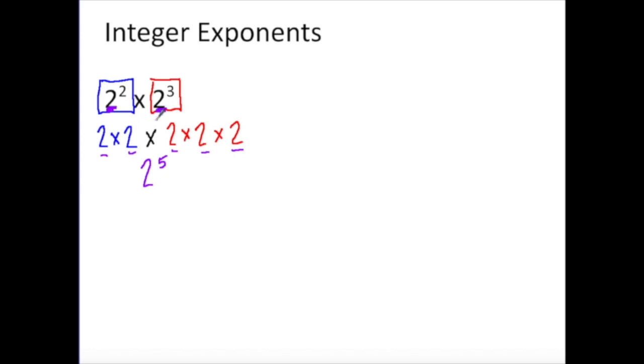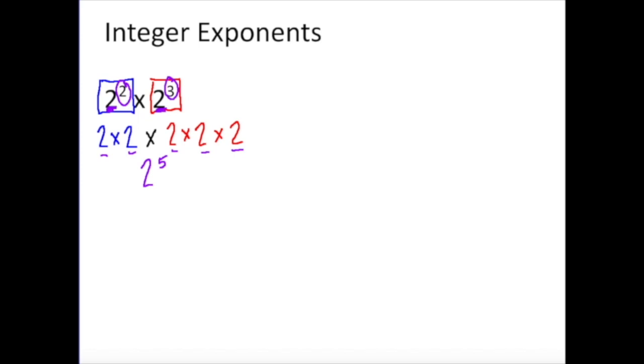Your bases need to be the same in order to do this trick. So 2 plus 3 is 5. So rather than expanding and then simplifying, we could just say that 2 plus 3 is 5 and say that the simple version of this is 2 to the 5th power.